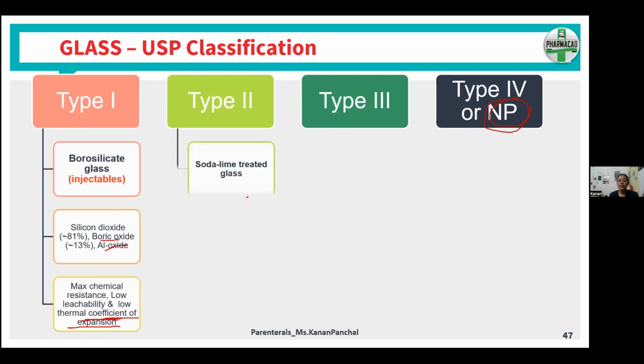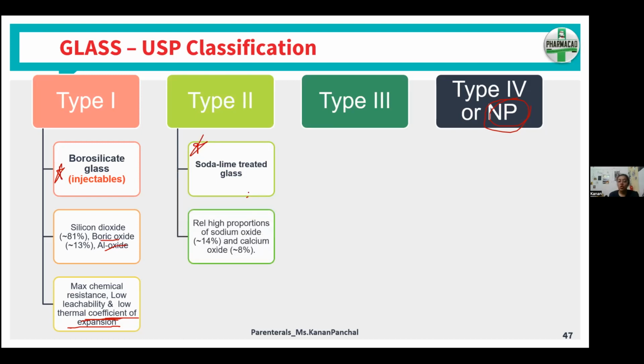Then is type 2, which is called the soda lime treated glass. It's important to remember the names. So type 2 is your soda lime treated glass. It has relatively high proportions of sodium and calcium oxide.